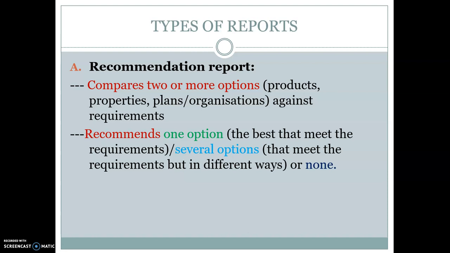For example, a company might be looking at grammar checking software and want a recommendation on which product is the best. As the report writer on this project, you could study the market for this type of application and recommend one particular product, or you could recommend a couple of products that are good by stating the strengths and weaknesses, or you may recommend that none of the products available in the market is good. So this is what you call a recommendation report.